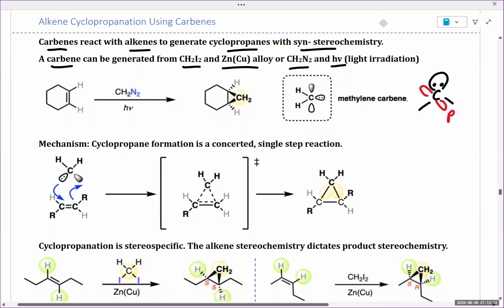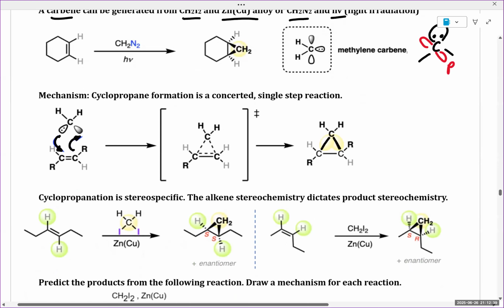Cyclopropanation is a concerted reaction where the carbene both attacks the alkene and is attacked by the alkene. And net, we form two carbon-carbon bonds, and that gives our cyclopropane ring. This is another example of a concerted reaction to make a three-membered ring, similar to epoxidation and formation of a bromonium ion that we discussed previously.